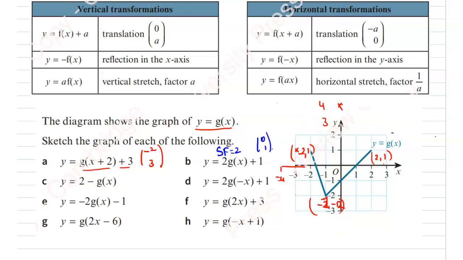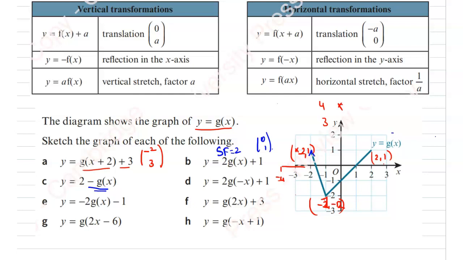Then similarly consider the next one, y equal to 2 minus g of x. So which means that there is a reflection in the x-axis and translation in the vertical direction. That is the meaning for this. So now we will find the new points. So first one, 2 minus g of x, which means 2 minus 1 is 1. So the new point is (minus 2, 1).